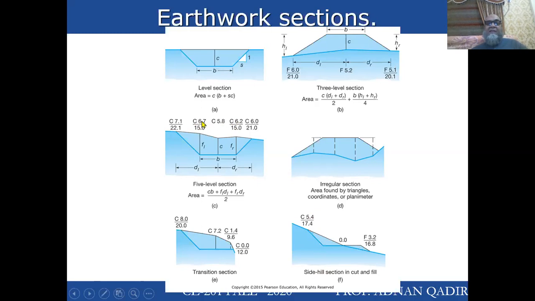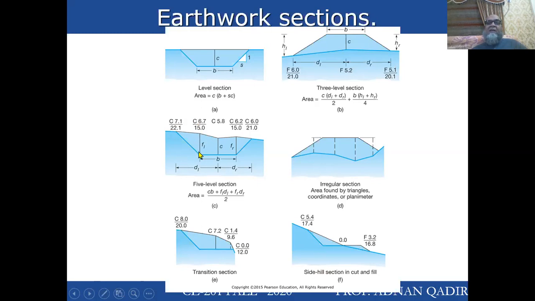For instance, you will use DL, and DL is 22.1, DR you use 21. And the height you will use not at this point, but at this point, just above the straight section.